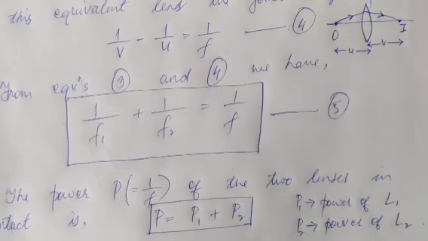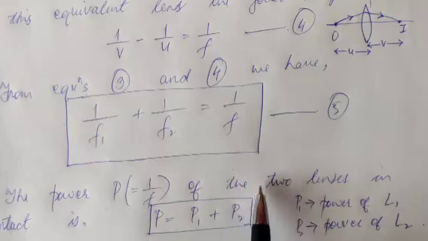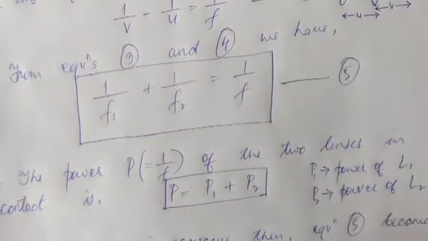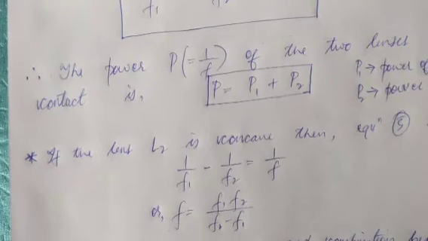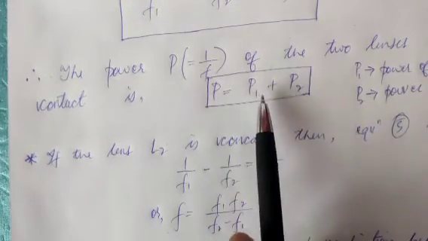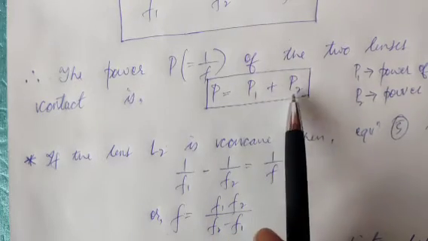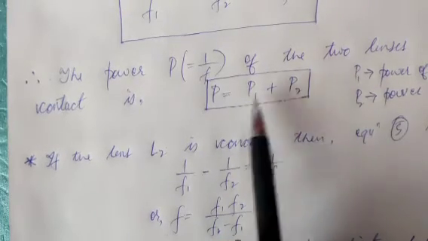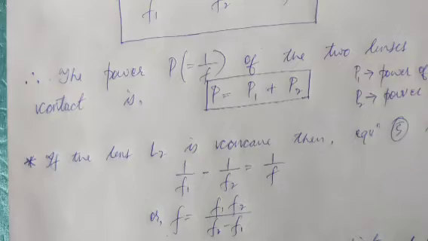P is the power of the combination of two lenses. So we can write this also. Now, one small thing: the power of the combined lenses is equal to the sum of the power of the first lens and the second lens.